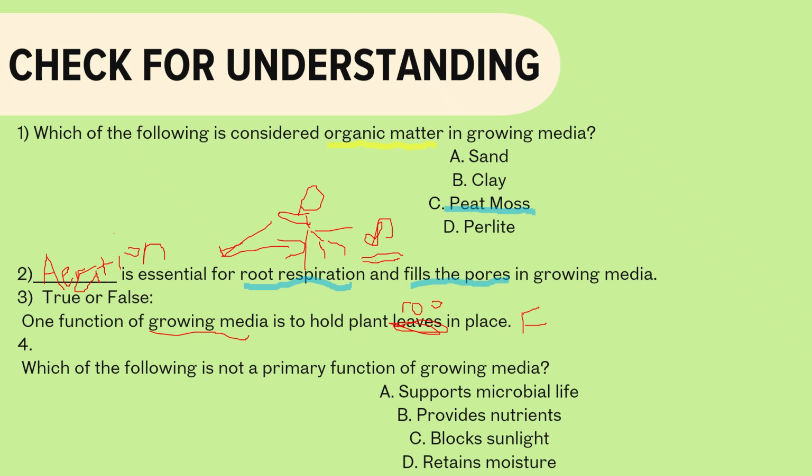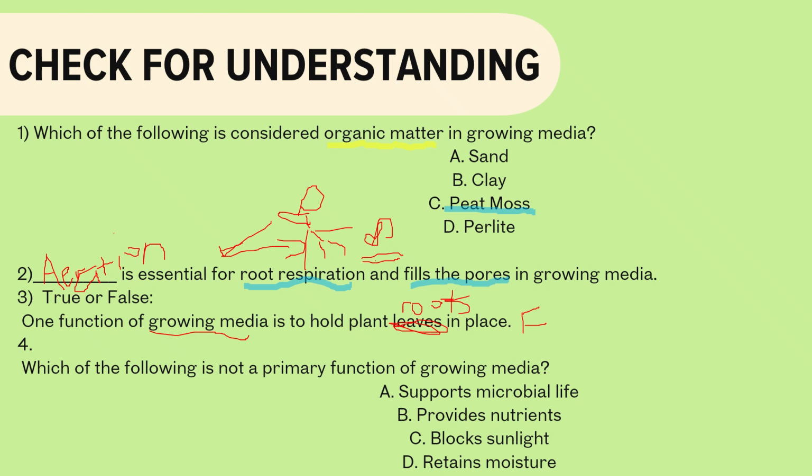So if you have roots that are anchored very well, once those roots are anchored in that growing medium, it's going to help with plant support. Once the roots are anchored, the spine of that plant is going to be supported as well. That's going to help support the entire plant, not only in structure, but also in making sure those nutrients and minerals are flowing along with the air and water throughout the plant.